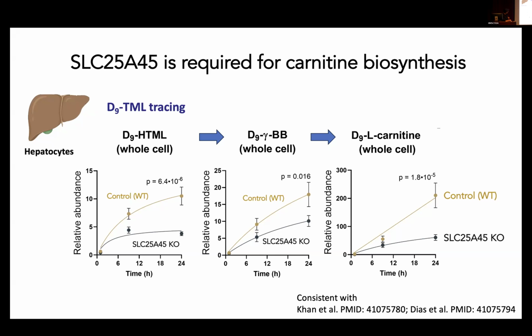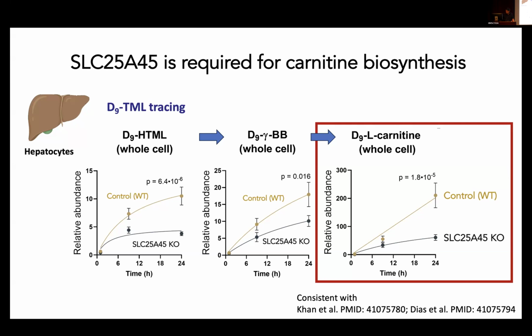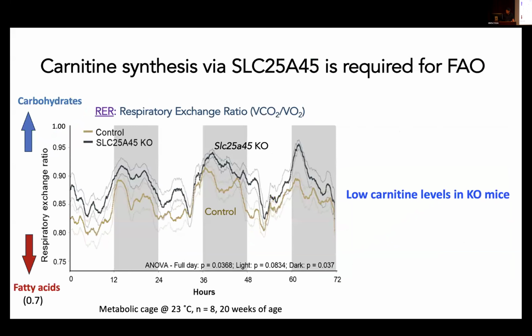So unexpectedly, we generated a mouse model that can't make carnitine, sort of a carnitine deficiency in that sense. This actually takes us in a direction I never thought about. Oh, by the way, those two papers, mostly in cultured cells, also found the same thing.